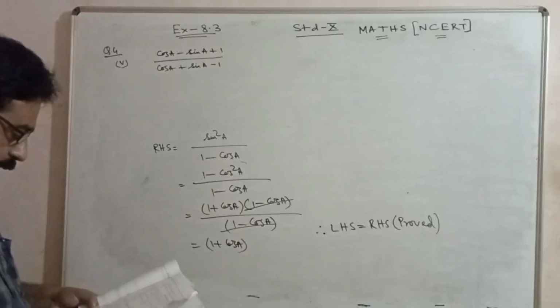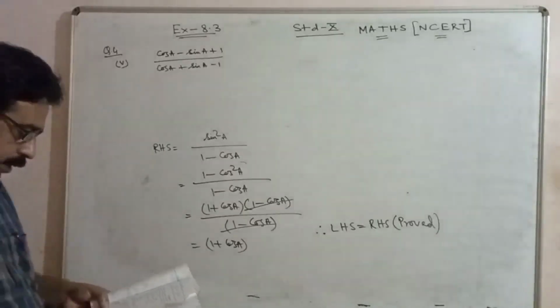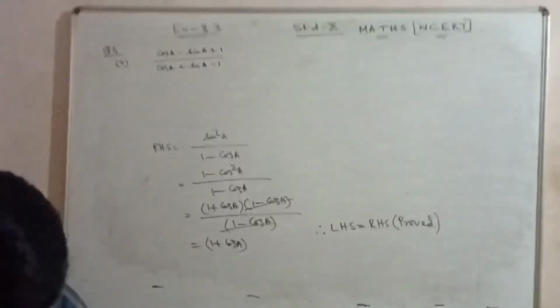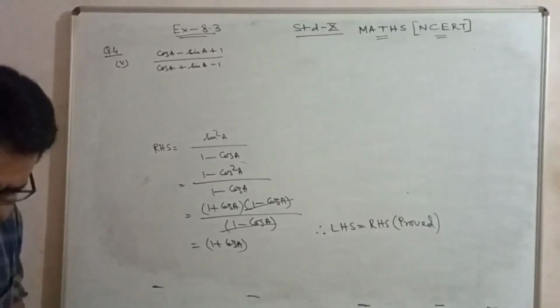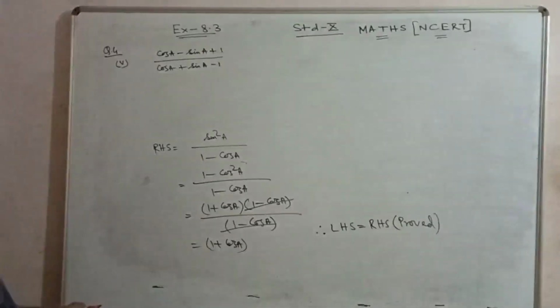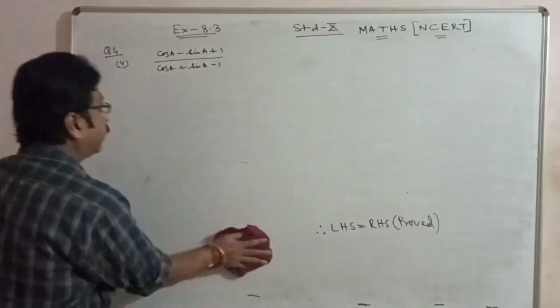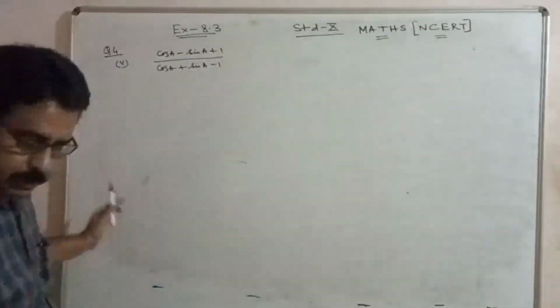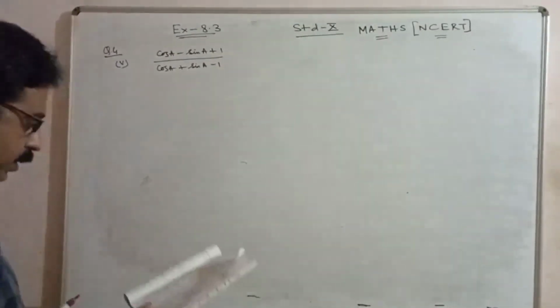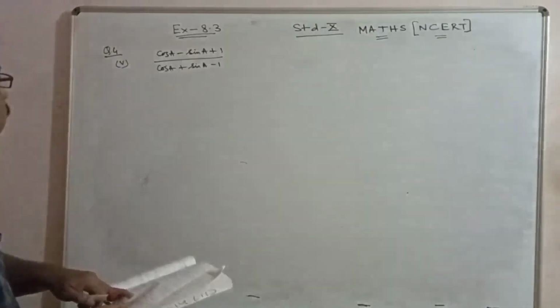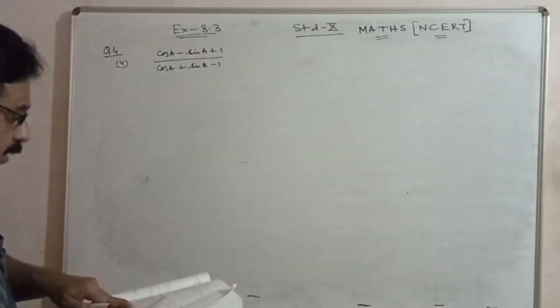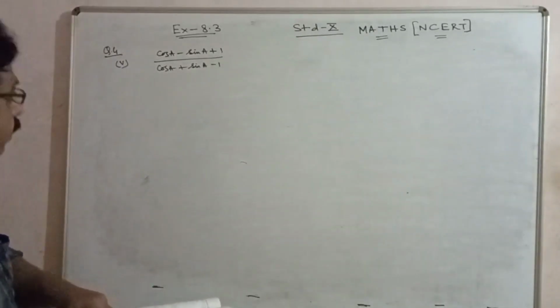We have to get cosec A plus cot A on the right hand side.